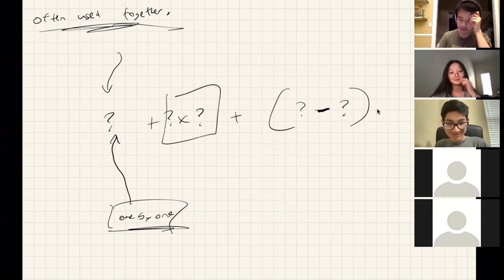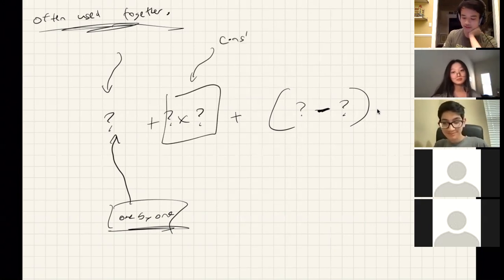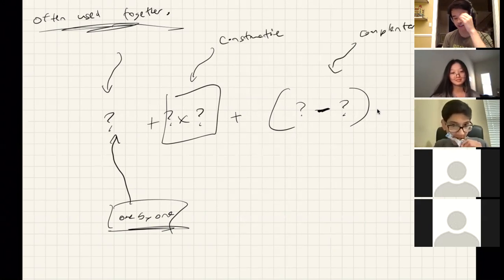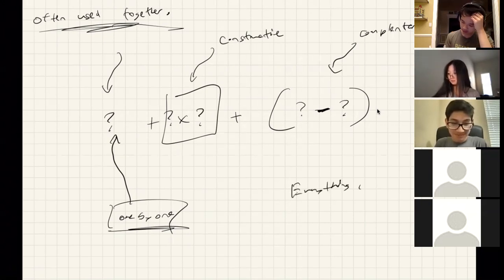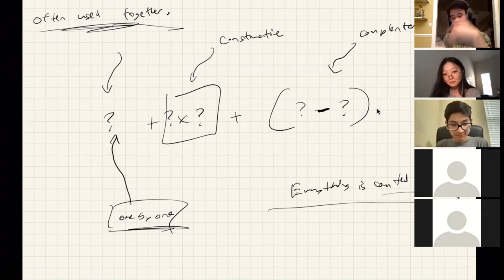Another case could be constructive, and another could be complementary. You're just applying these three strategies over and over again in counting problems, and the ultimate goal is that everything is counted once. That's the ultimate goal of all of this.